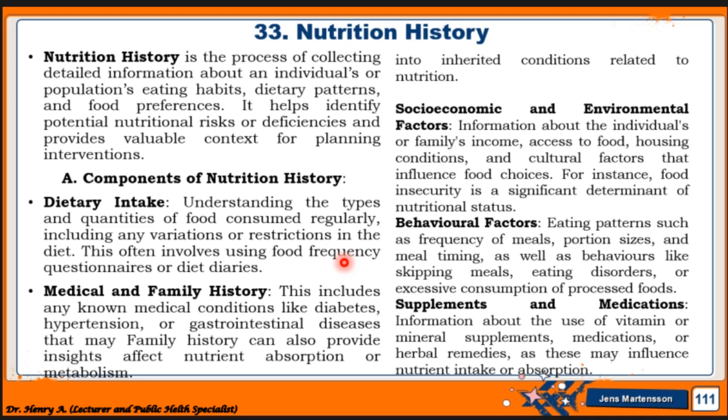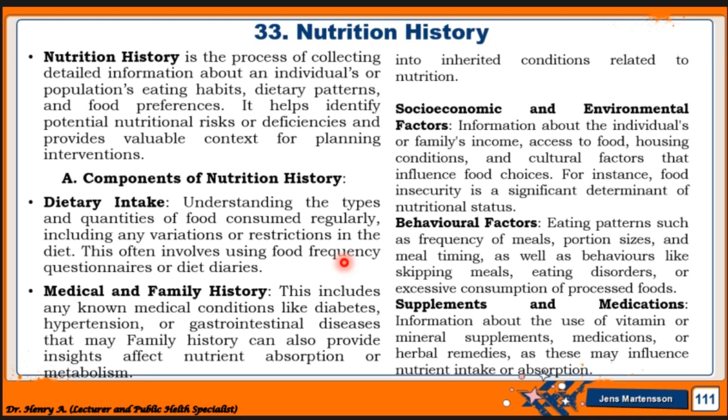Let's look at medical and family history. This includes any known medical conditions like diabetes, hypertension, or gastrointestinal diseases that may bring about family history, that can also provide insights. And these insights will show you how it affects nutrient absorption or metabolism.